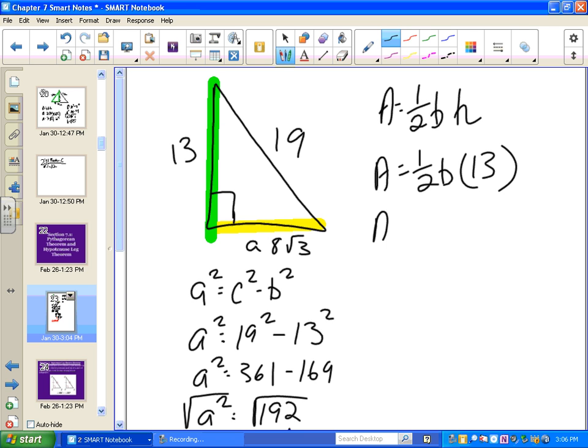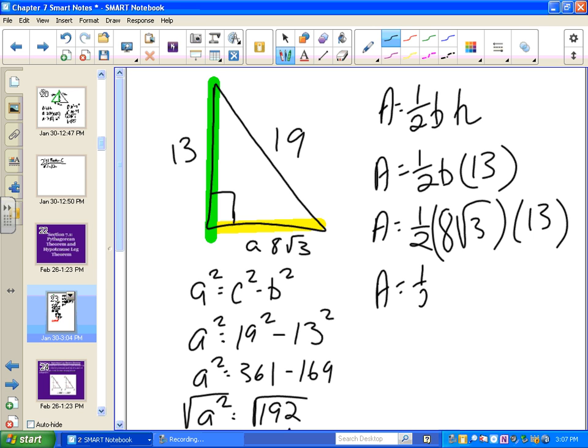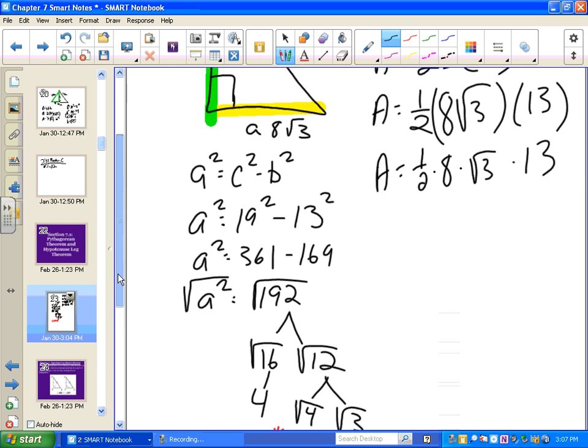So area equals 1/2. Now our base is 8 times the square root of 3 times 13. So this is really area equals 1/2 times 8 times the square root of 3 times 13. So we can just multiply going straight across.